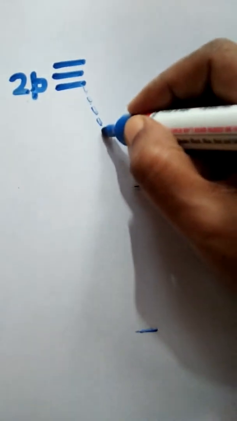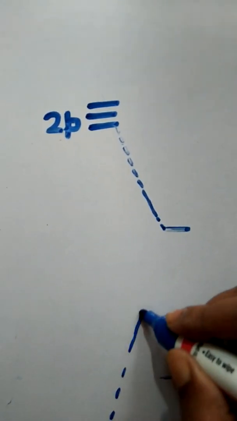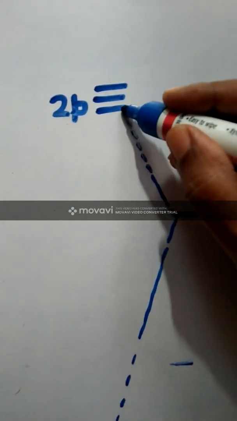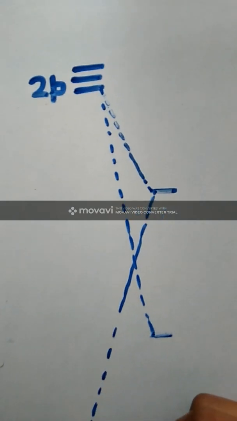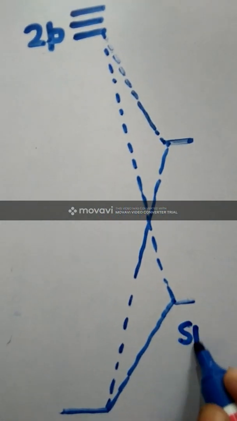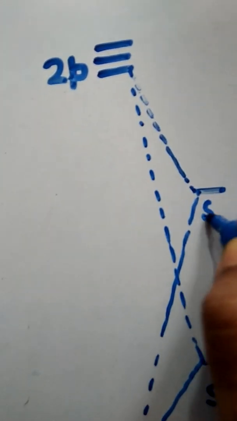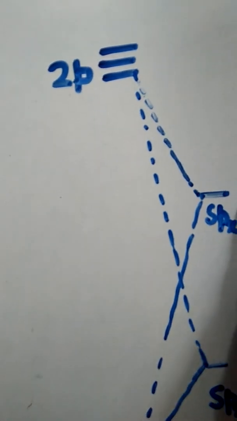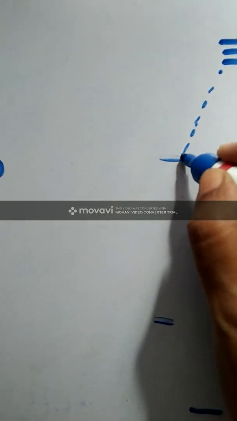How these interactions take place, we will see. There is a p component and an s component, and again a p component and an s component. This will give rise to spx1 and spx2. Now on this side also you will have interaction between s and p.